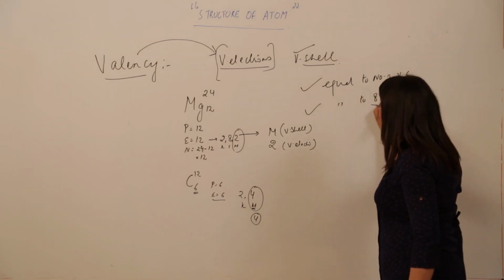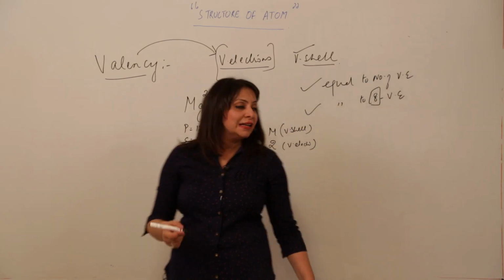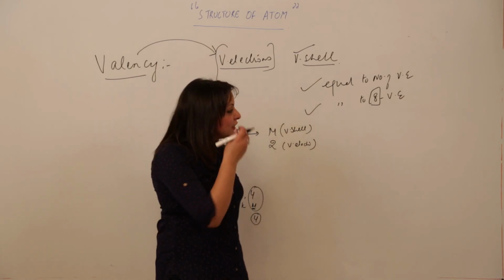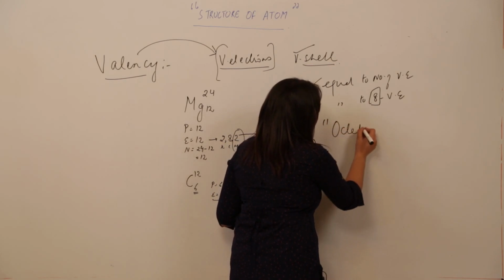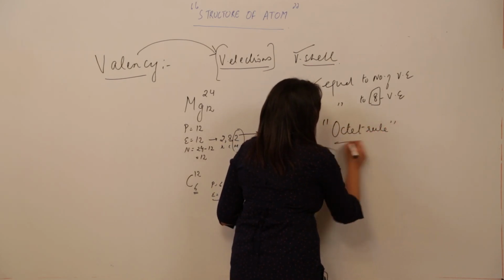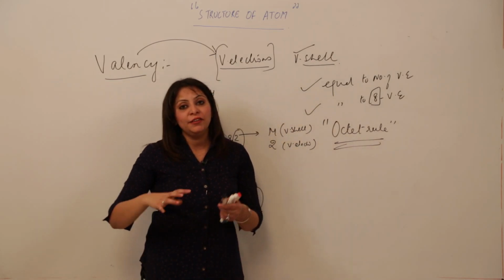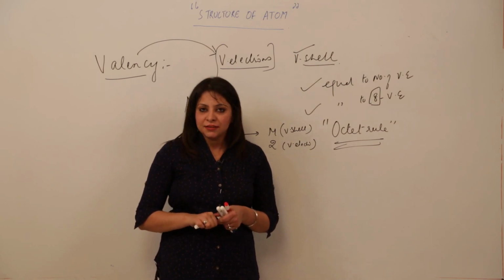Now where does this 8 come from? You must be thinking, why not 9? Why not 10? Why only 8? So you should know that there is a rule, the octet rule. What is it? See, in nature every substance or every particle needs to attain stability, right?